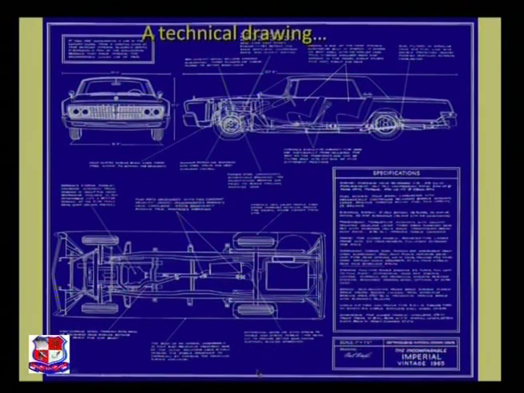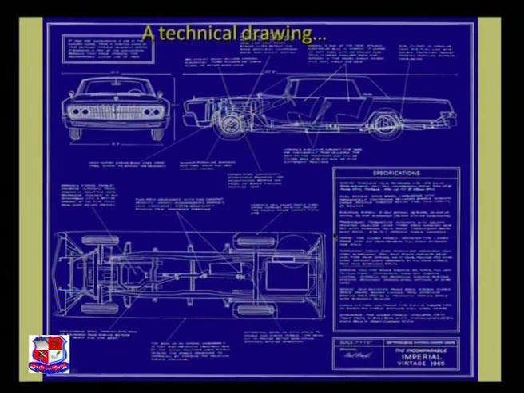This is a hardcore technical drawing, you can say. We have seen various technical drawings in the previous part, but this is a hardcore technical drawing. It gives all the specifications which we need to apply when we are doing any sort of assembly.